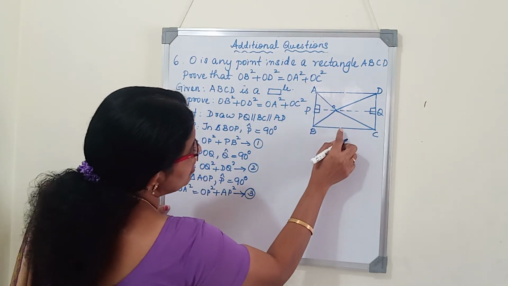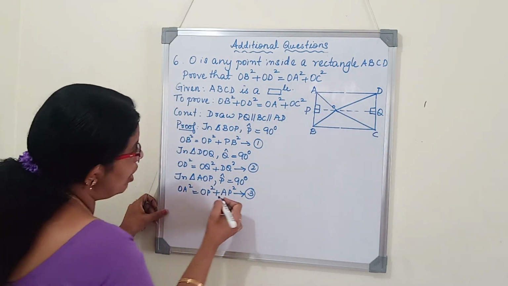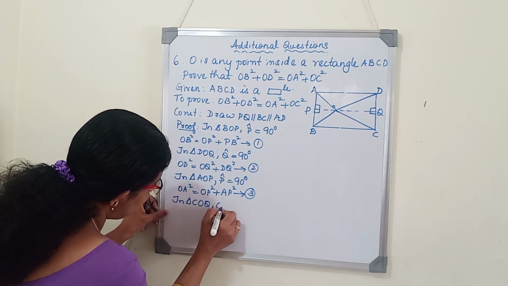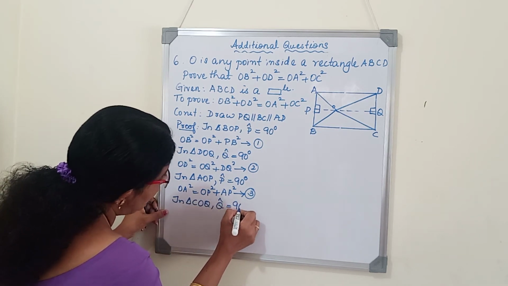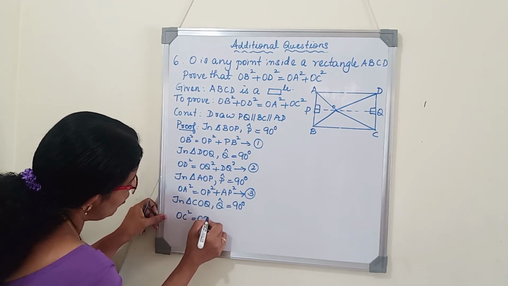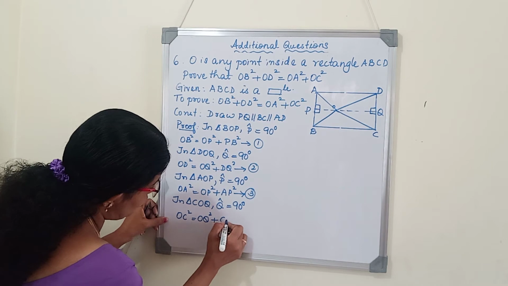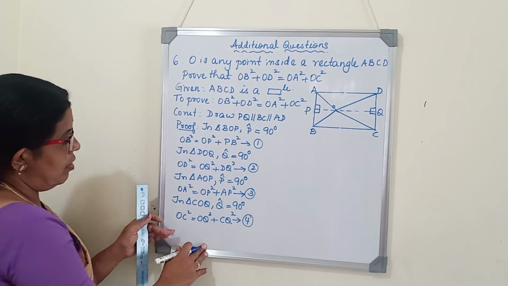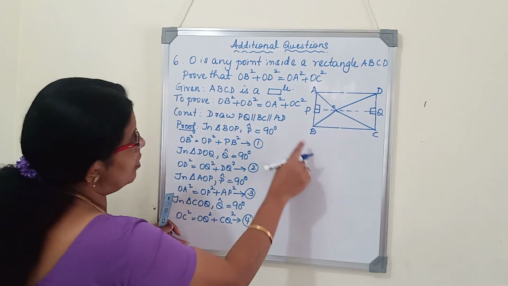Again the last one is triangle COQ. In triangle COQ, angle Q is 90 degree. Therefore, OC square equals OQ square plus CQ square. This is equation 4. So we got 4 equations by applying Pythagoras theorem.